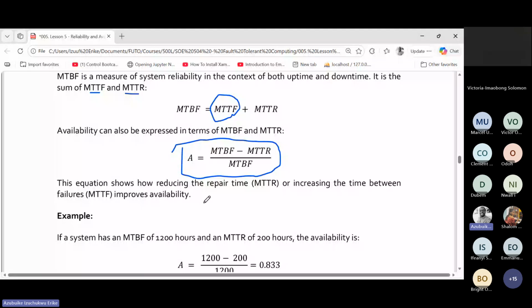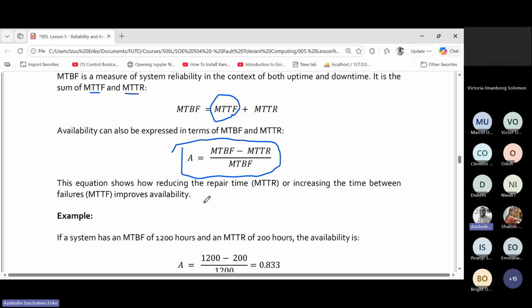The question shows how reducing the repair time or increasing the time between failure improves availability. Now, if you compute the example that I gave, what's the mean time between failure? Let's just say we have 1,000 hours, and then the time to recover is going to be what? If you compute it, I'm not sharing my entire screen, I would have raised the calculator.